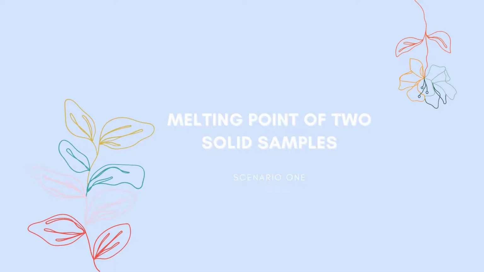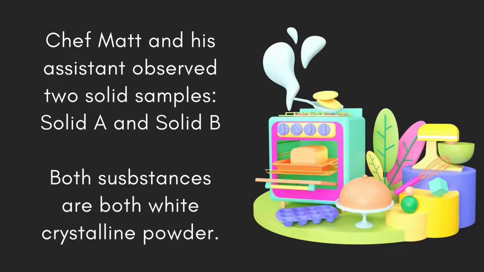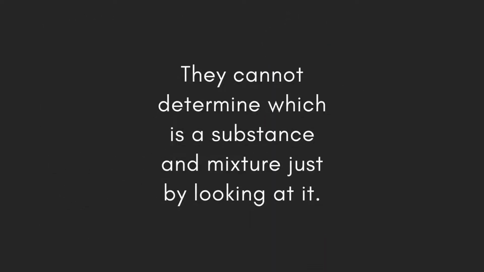Scenario 1. Melting point of two solid samples. Chef Matt and his assistant observed two solid samples, solid A and solid B. They can't determine which is a substance or a mixture just by looking at it.